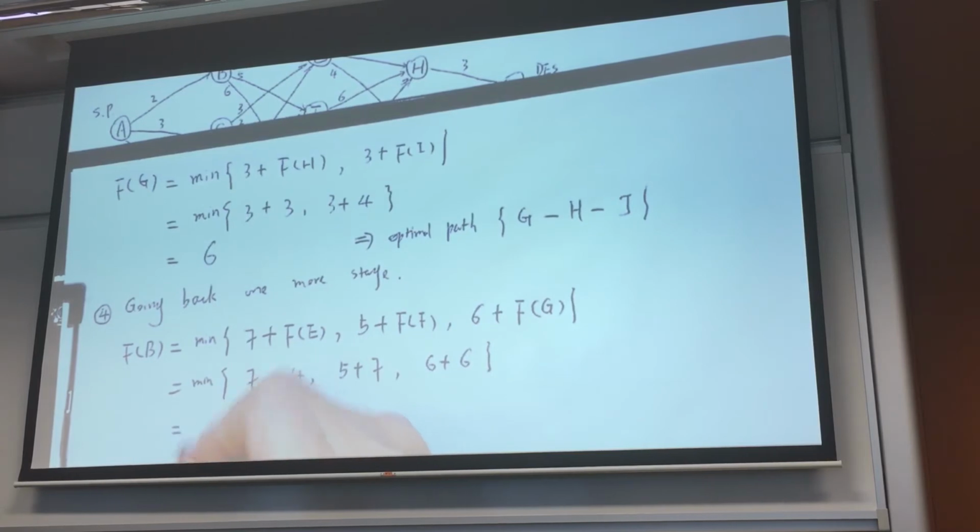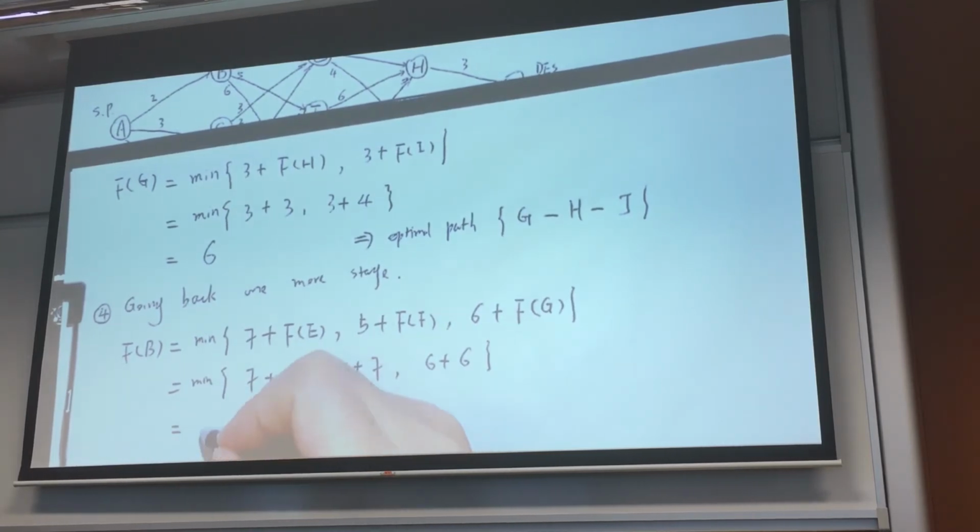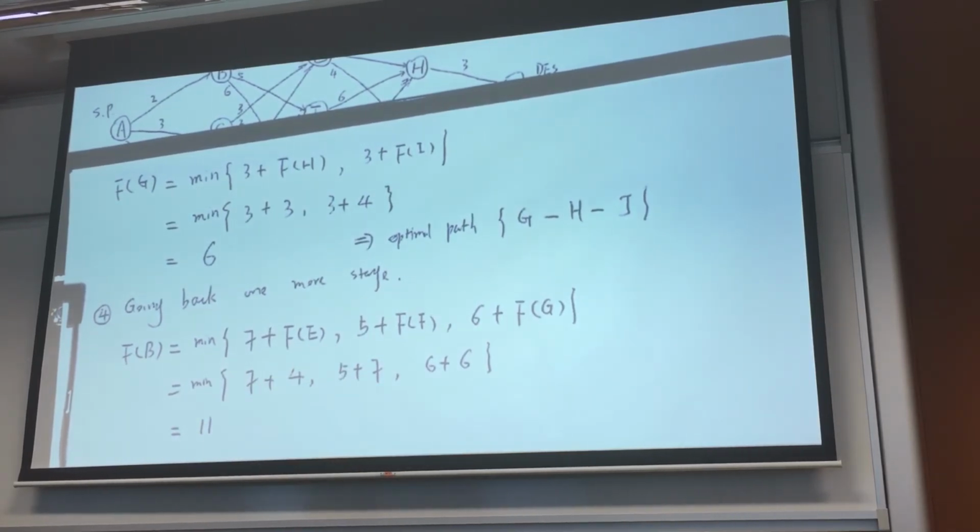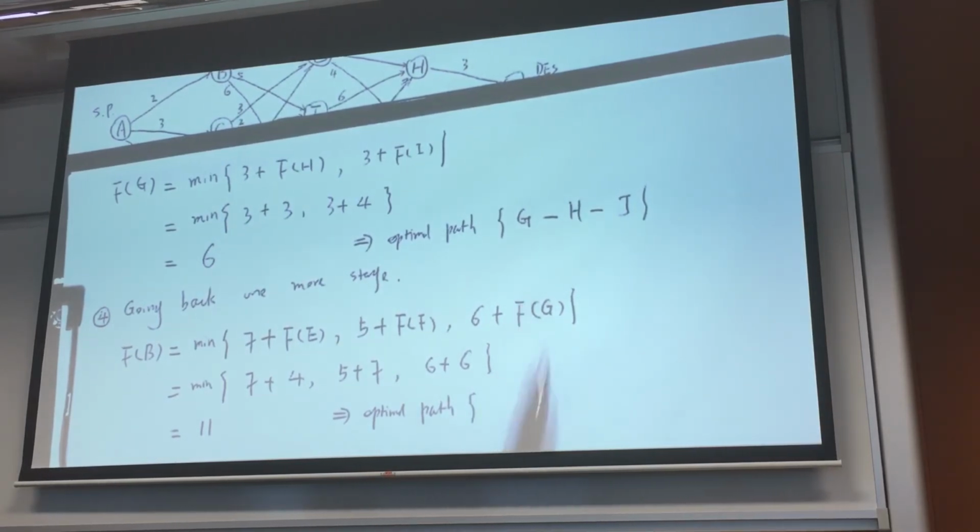So we know the minimum cost at here is 11. So the 11 corresponding to optimal path from B to the destination. So this will be from B. So this is where E.